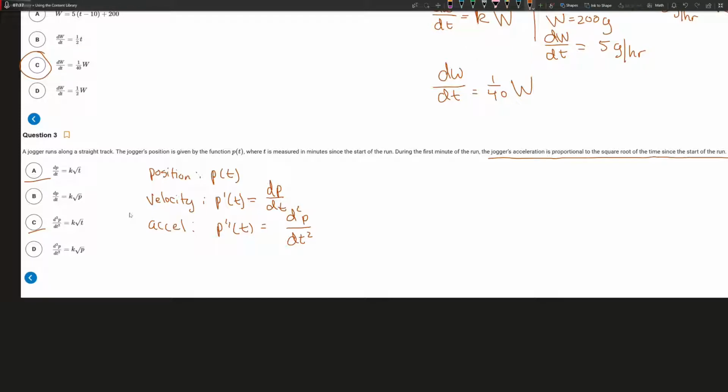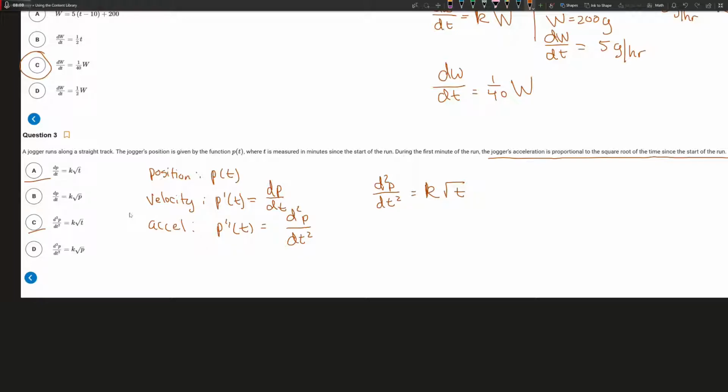So to translate this sentence correctly, it says the jogger's acceleration, this is acceleration, the second derivative of position. So I'm going to write d squared p over dt squared equals, proportional to, the square root of the time since the start of the run.